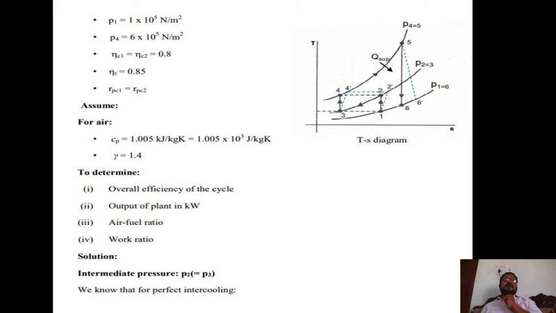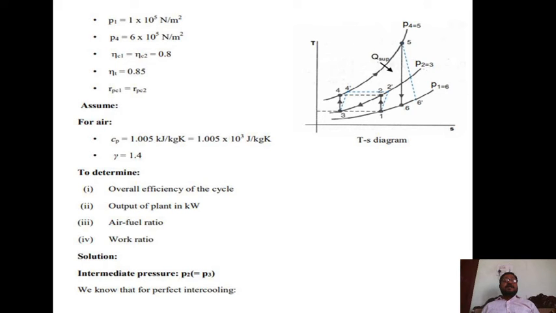Once again I will tell you these properties of the air, that is the Cp value and gamma value. Cp by Cv is gamma. Cp value is 1.005 kilojoules per kg Kelvin. Cv value is not required here. In case the problem requires the Cv value also, you should remember that Cv is equal to 0.718.